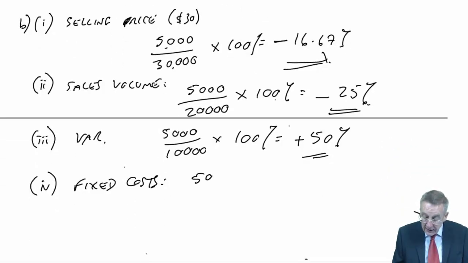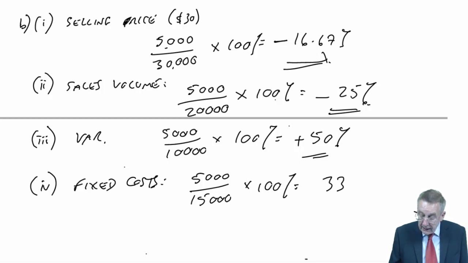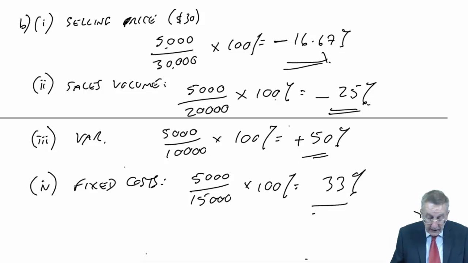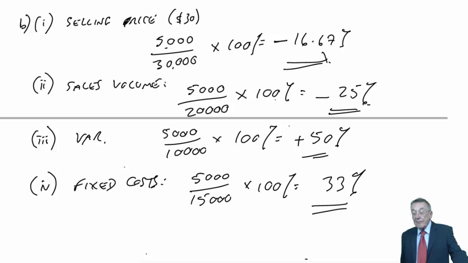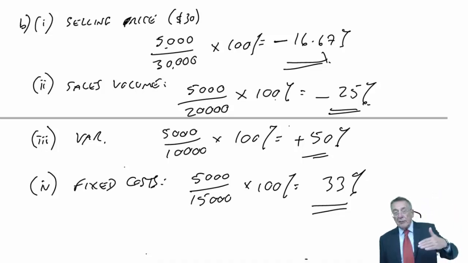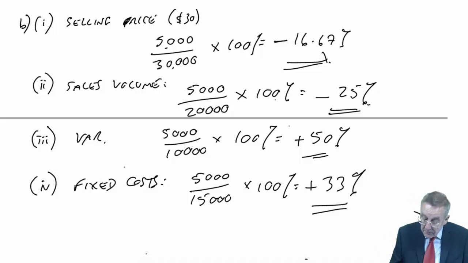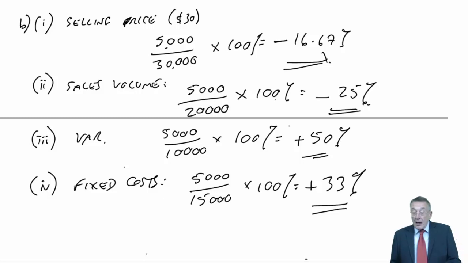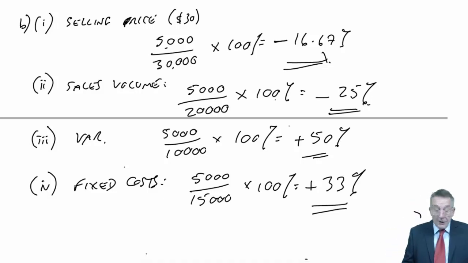In percentage terms, it's what, 33.33%. But again, the direction matters: for lower profit, we're only worried if fixed costs increase, and so it's plus 33%. So I hope that's very straightforward.